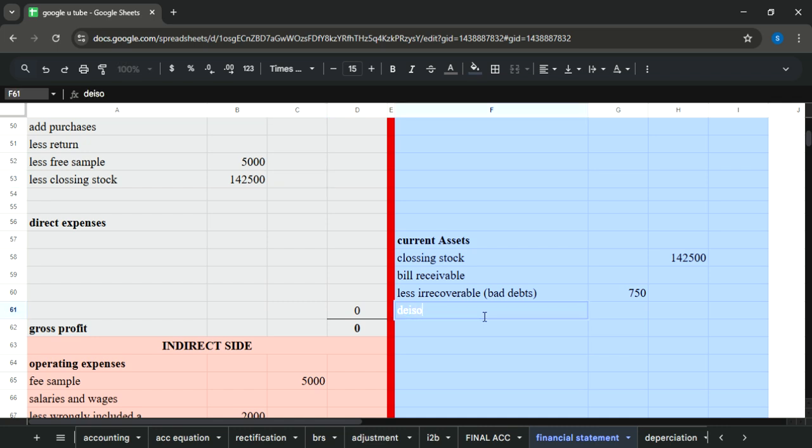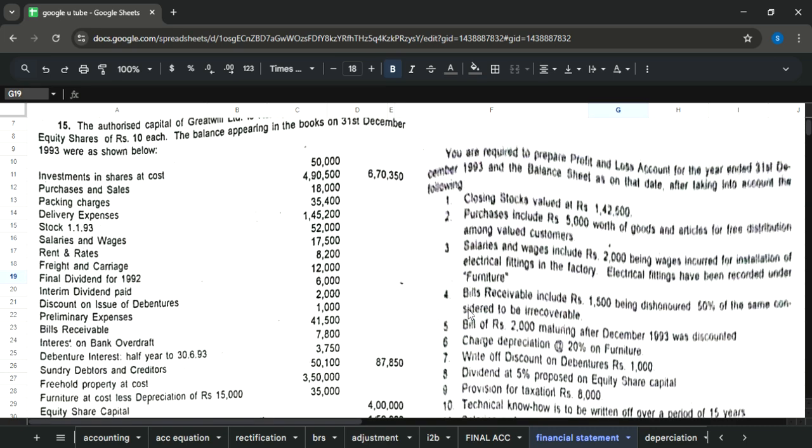Here we will be mentioning discount on debentures and what we will do, less write off which was 1000. Both effects are completed.